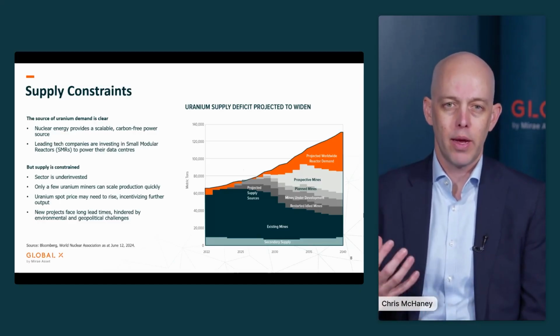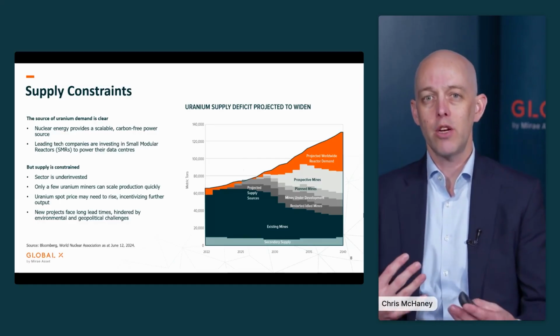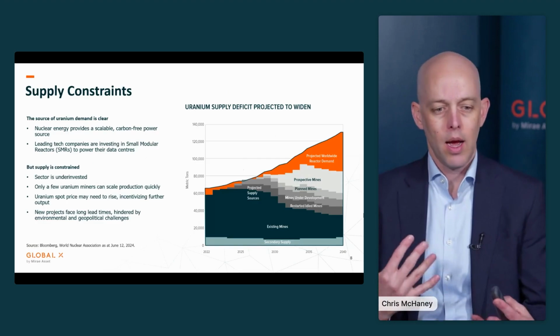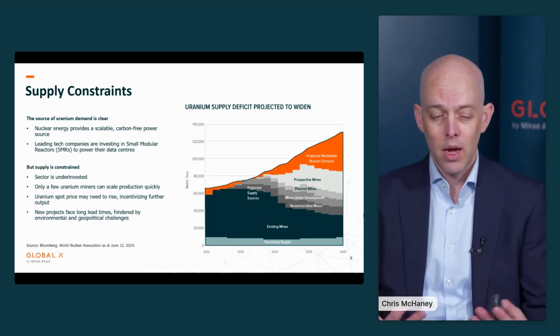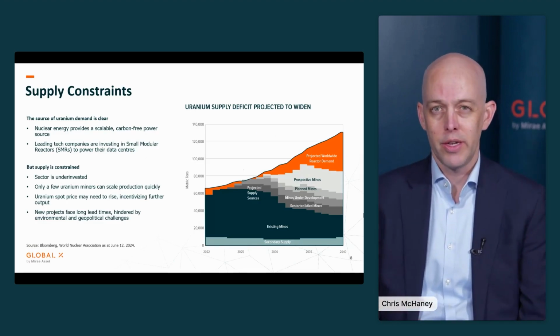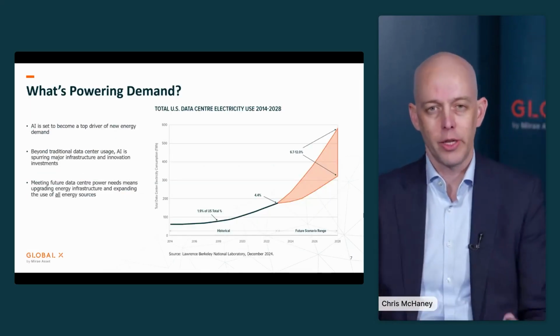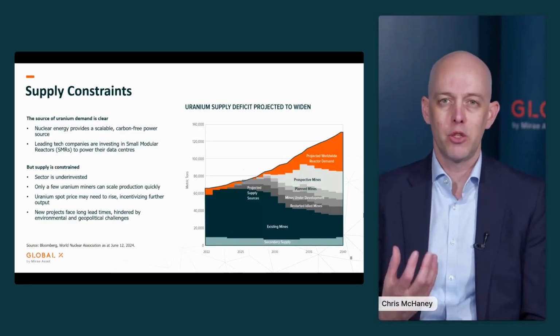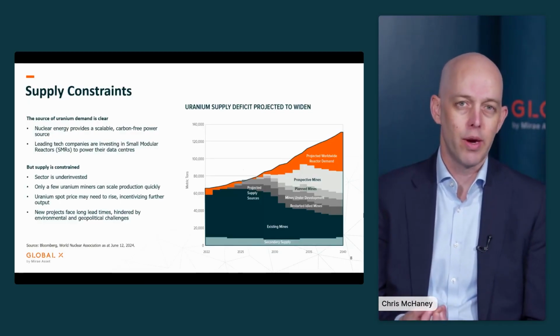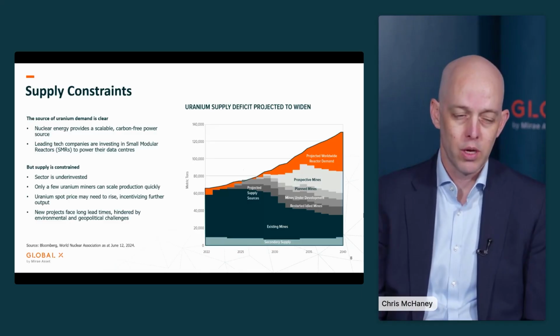Maybe with new supply coming online over the next couple of years, that could get us back to balance by the late 2020s. But certainly by 2030, as you can see here, again, this is a base level projection, not really in the similar way to this one that could go exponentially. Base level projection shows that by 2030, we're going to be in a deficit for uranium, and it's only going to get worse over time from there.